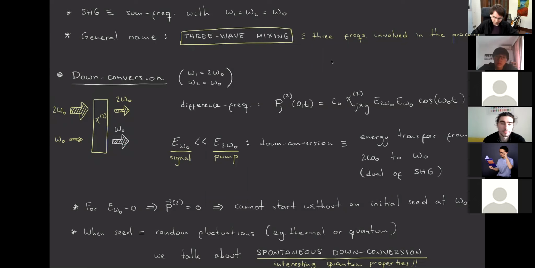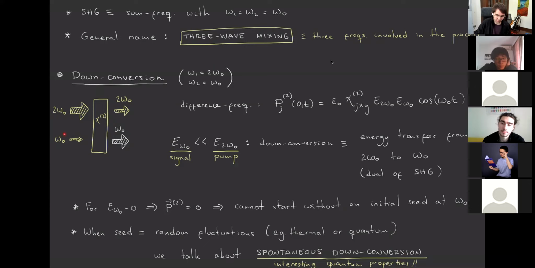However, this small spark doesn't even need to be another laser. It could just be fluctuations, either thermal fluctuations, so a few photons that are there because of temperature, or, even more interestingly, quantum fluctuations. What I told you is that we call this spontaneous down conversion.